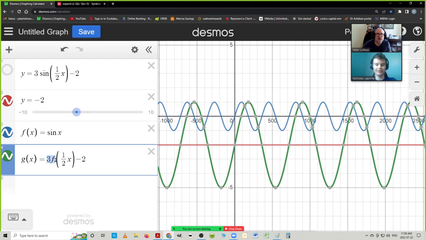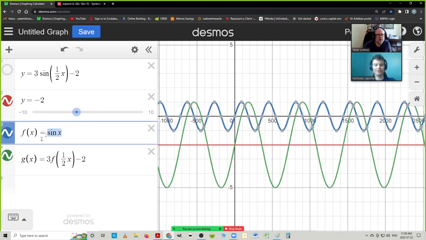Notice I don't see the word sine in there at all. There's no sine. Yeah, I think I know what you told it to do. Because you said f of x equals sine of x, there's no need to put sine.